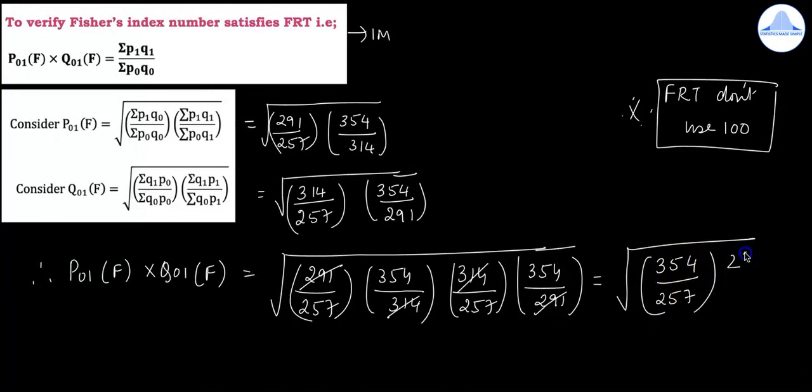And then the square and the root will get cancelled, and what will remain is only 354 divided by 257. Okay, so now if you see carefully, this 354 in the table is nothing but summation P1 Q1, and 257 is what?